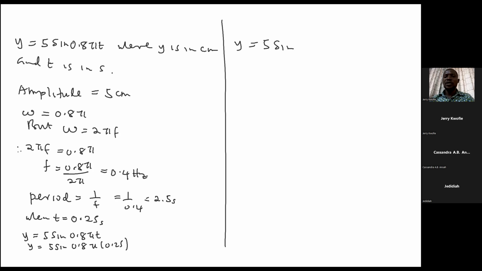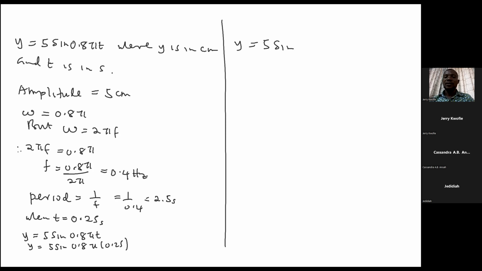Do you get 0.25? Yes. Cassandra, you are going to multiply 0.8 by pi by 0.25. Does that expression simplify to 0.25?